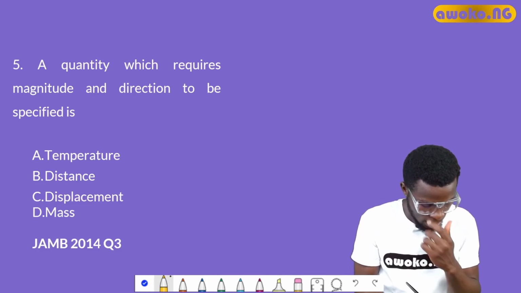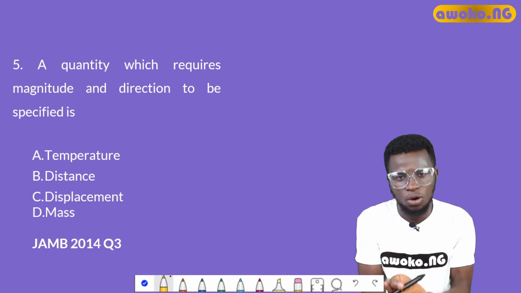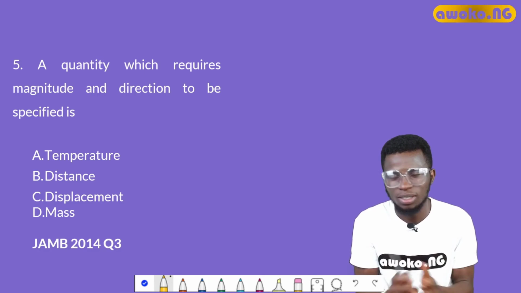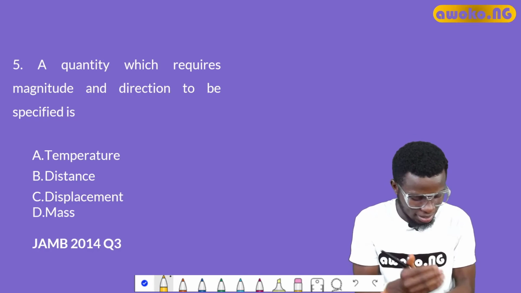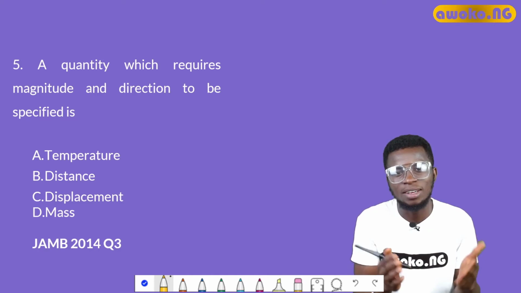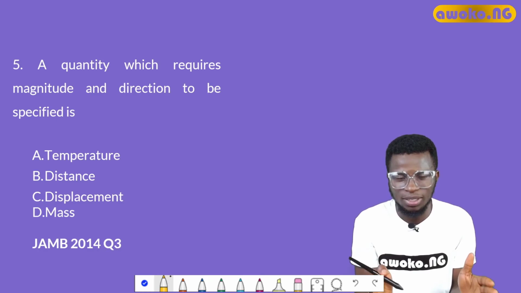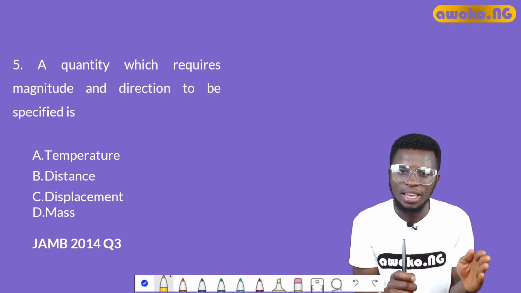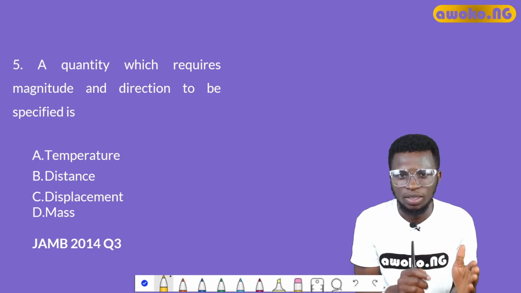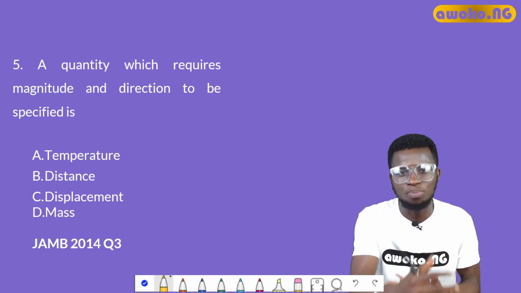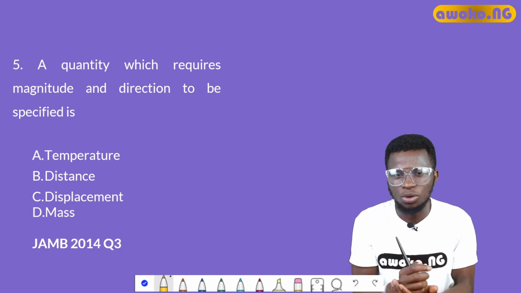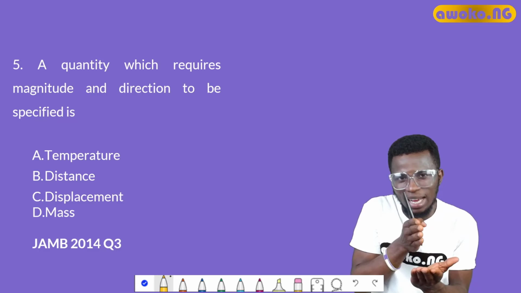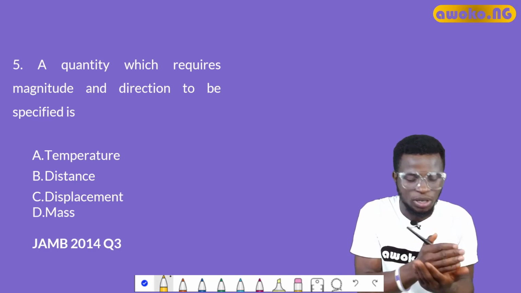Of course, temperature only shows us how hot or cold a body is. It does not have anything to do with direction. The same thing with distance. Distance and displacement are almost the same thing. The difference is that distance is a scalar quantity. It deals with how big a particular quantity is, while displacement shows us the length as well as the direction in which the body is moving.